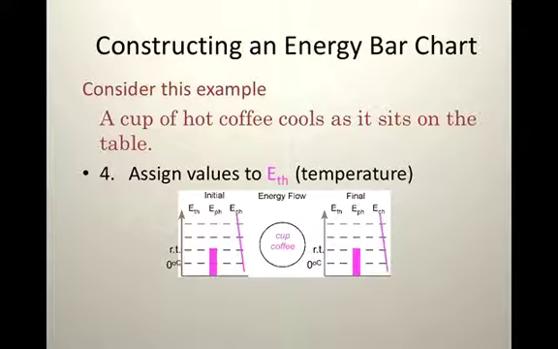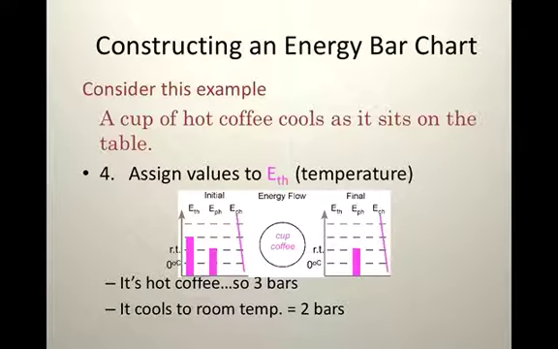Well, okay, so it's hot coffee. We certainly don't want to say that it's room temperature. Let's give it 3 bars. You have a choice here with thermal. You could have given it 4 bars. That's fine, but I'm going to give it 3. And it cools to room temperature, so it ends up at, I'll say, 2 bars. Okay. So now you can start to see that we had some energy initially, and in the final stages, we have less energy.